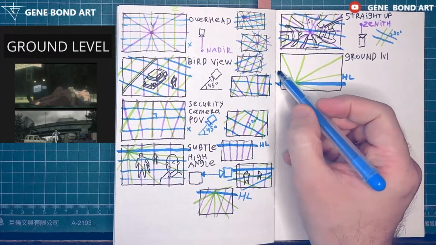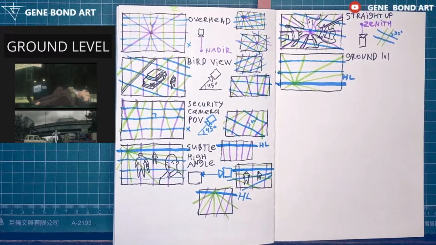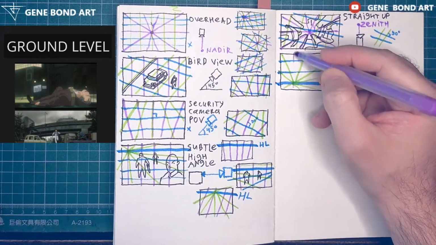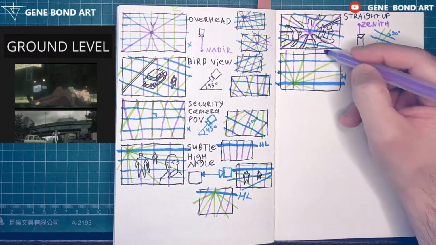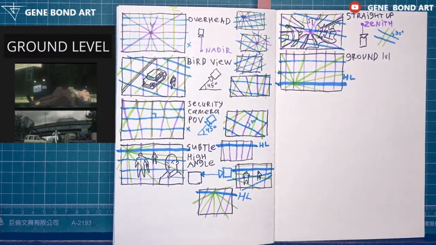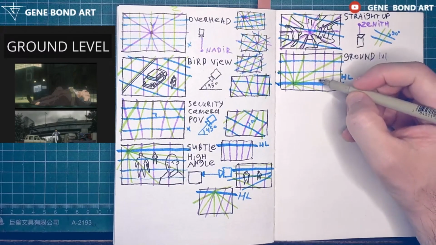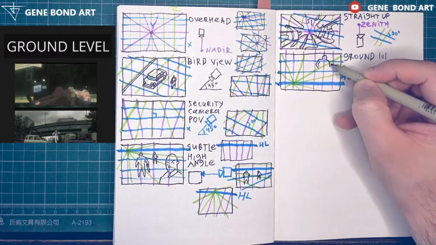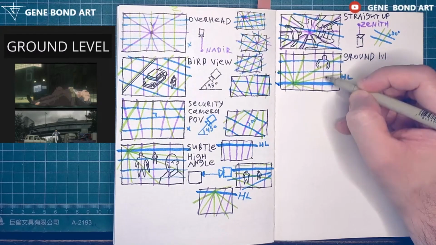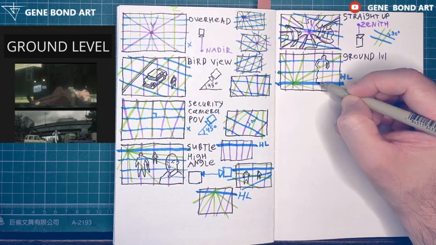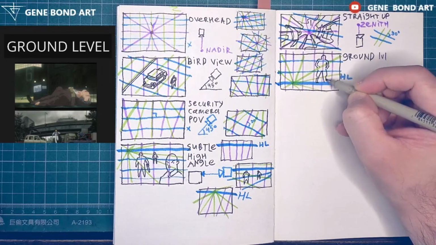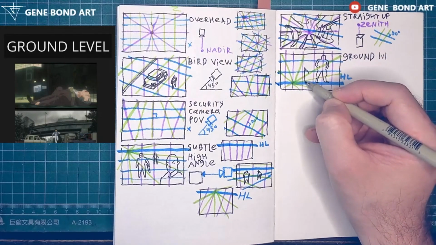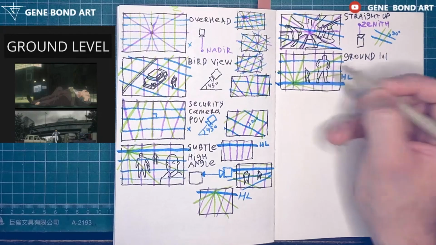Here, the x-axis will be just parallel to the horizon line. And then we have the y-axis like this. So if we have characters, they all will be standing on the horizon line. They're standing on the same line.